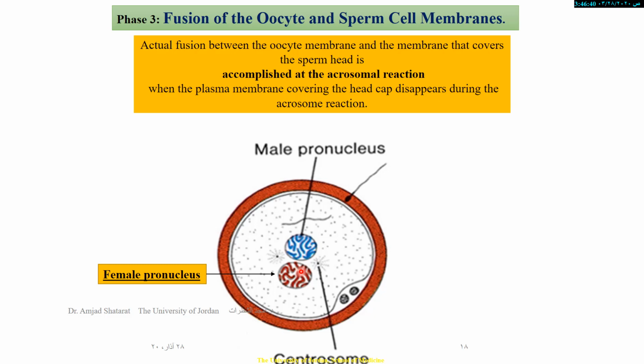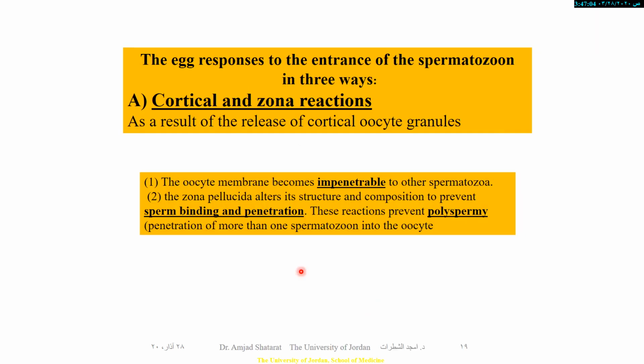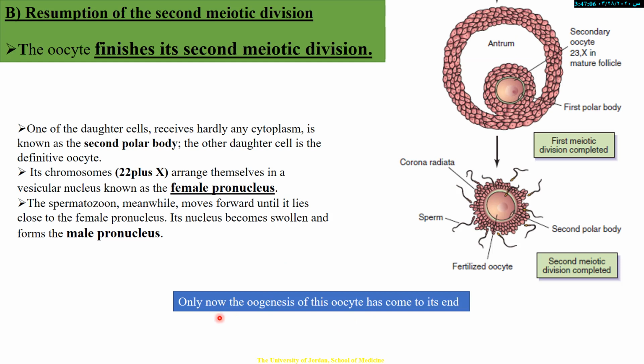The first polar body also finished meiosis II, and as a result it has two secondary polar bodies. The destiny of these polar bodies, usually they would be digested by the embryo, or they would vanish from there, and we would talk about the zygote. So only now the oogenesis of the oocyte has come to its end.